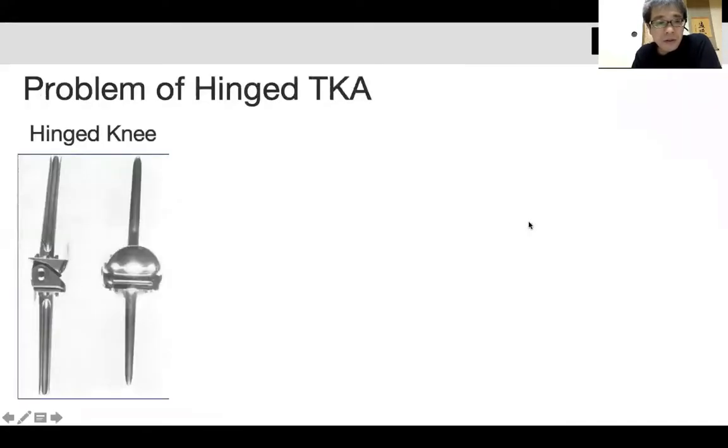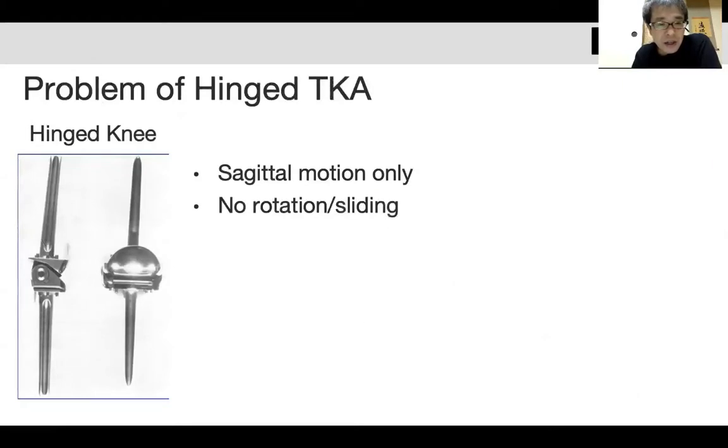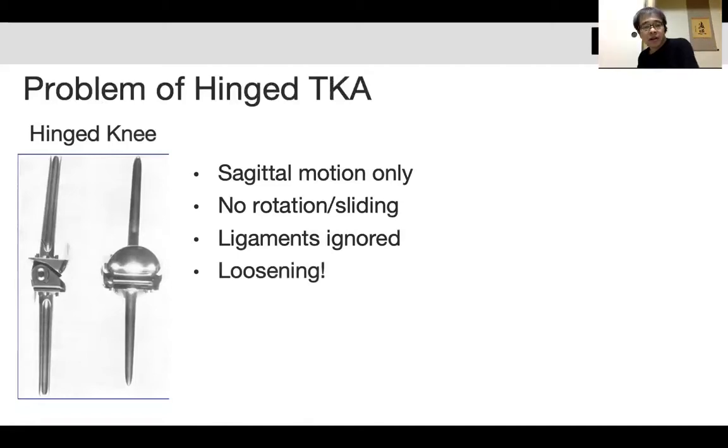The disadvantage of this hinge knee is that it allows sagittal motion only. No rotation or sliding motion is allowed, and ligament function is ignored. As a result, there was a lot of loosening in these components.